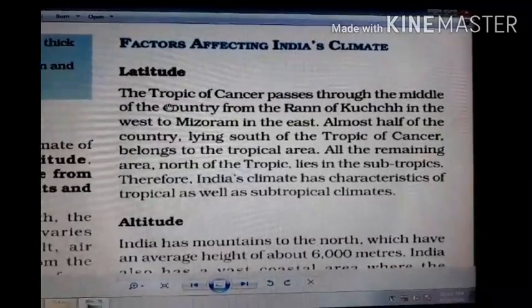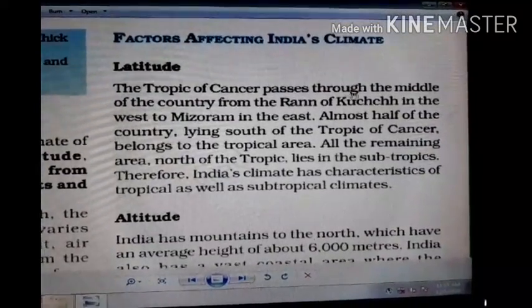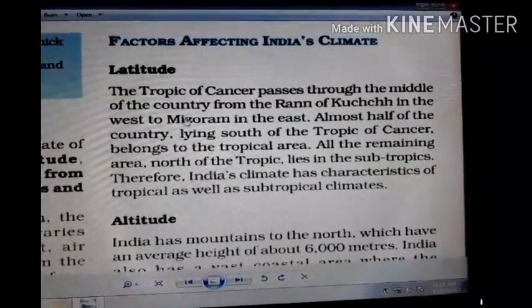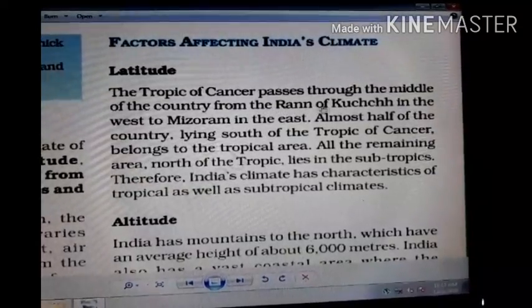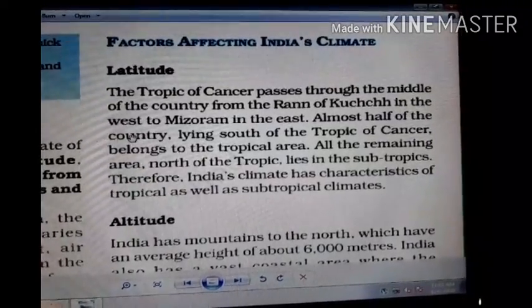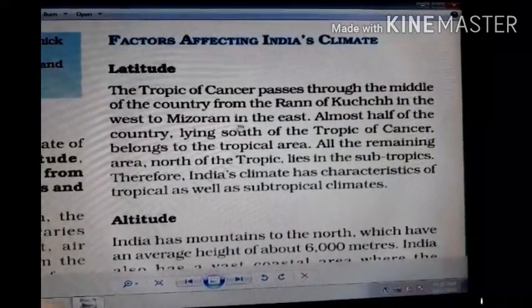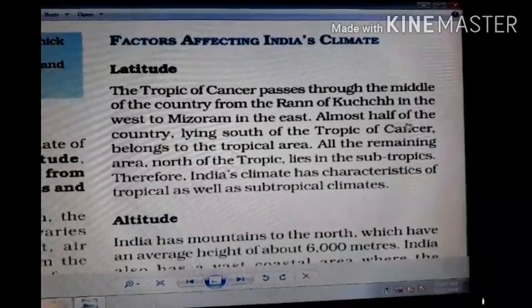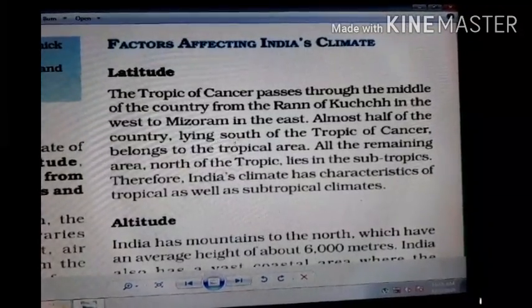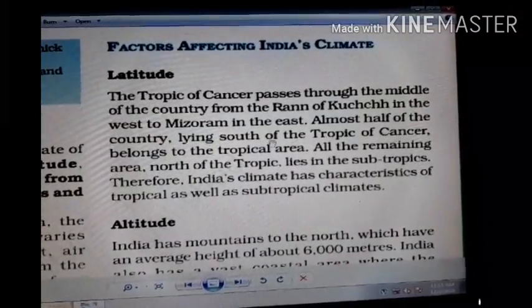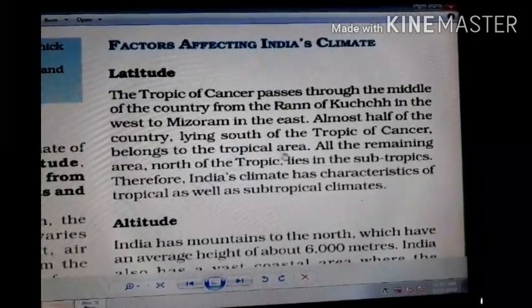The Tropic of Cancer passes through the middle of the country, from the Rann of Kutch in the west to Mizoram in the east. Almost half of the country, lying south of the Tropic of Cancer, belongs to the tropical area.